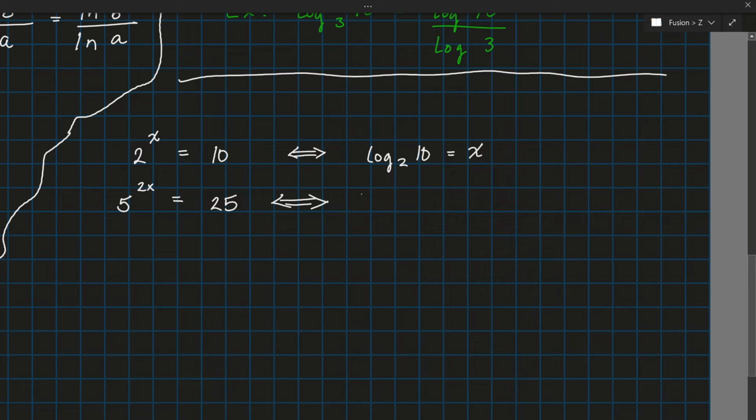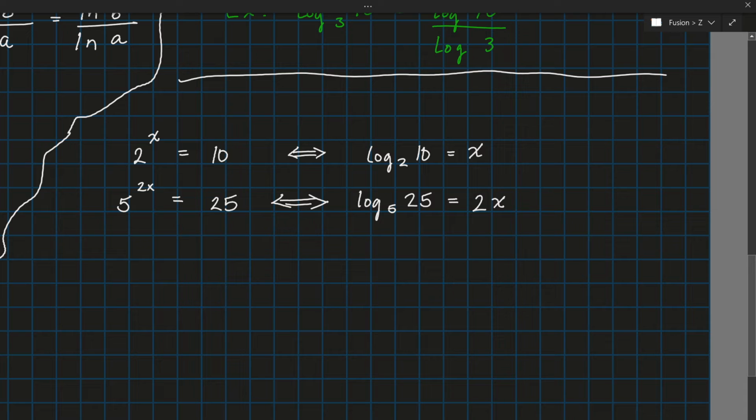Log base 5 of 25. Good. And then it equals 2x. 2x. Good.